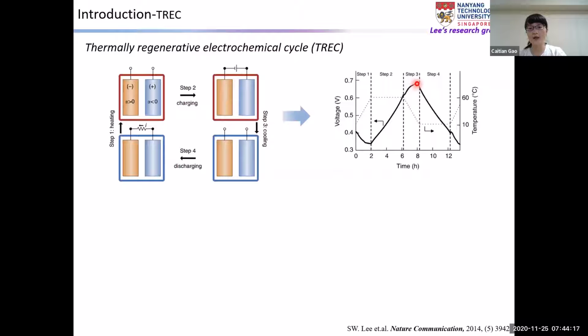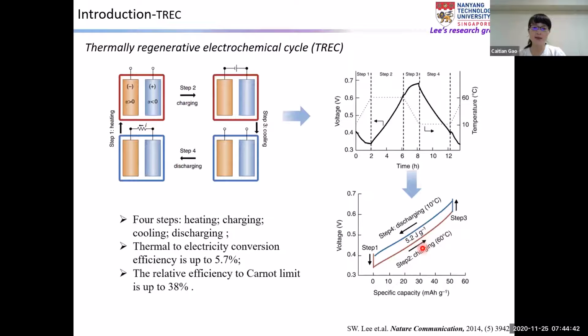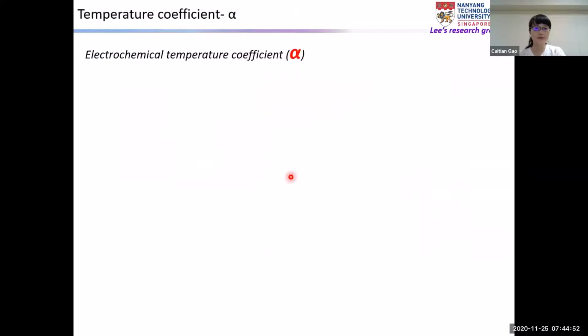Finally, we discharge our cell at higher potential to the original state. If we draw a loop curve here, we can see the discharging potential is larger than the charging potential. That means we overcome the energy loss and get some additional energy from the temperature. In this study, the electricity conversion efficiency is up to 5.7%, and it equals 38% Carnot efficiency.